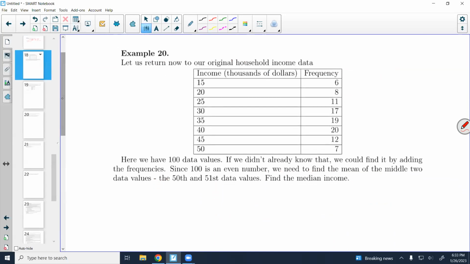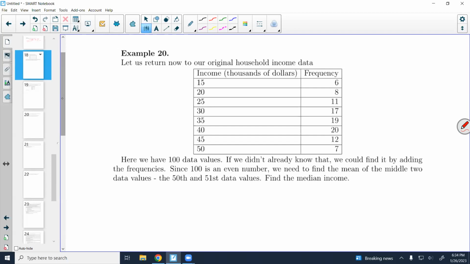So what about with a frequency table? We have 100 data values. We could find it by adding the frequencies if we didn't know. We need to find the mean of the middle 2 data values, which is the 50th and the 51st. And how do I find that?